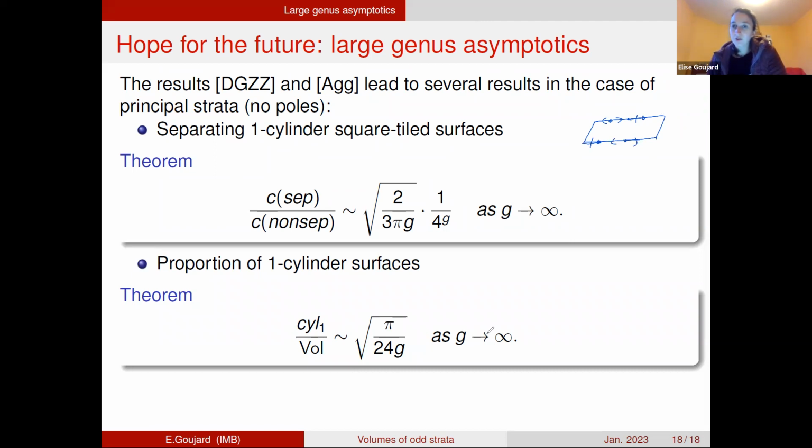Another thing that you can do is look at surfaces that have only one cylinder with respect to all other surfaces, and look at the proportion of one-cylinder surfaces among all. We show that, as the genus tends to infinity, this proportion decays as 1 over square root of g.